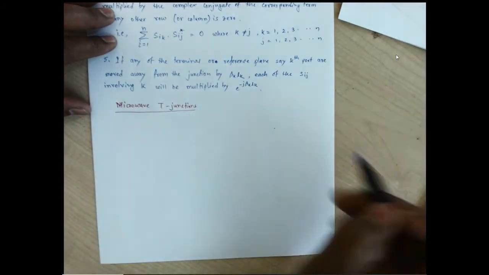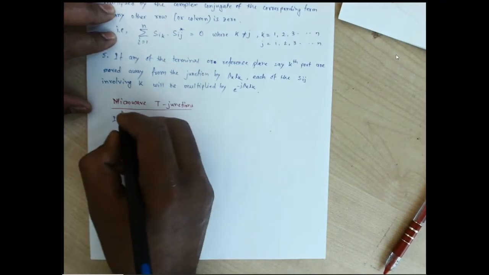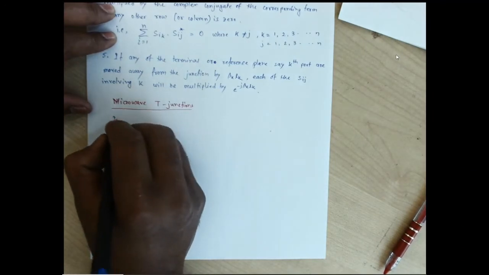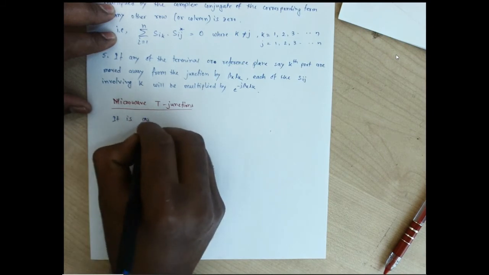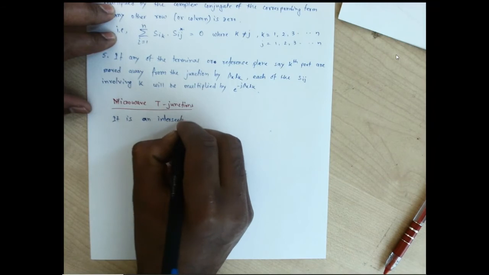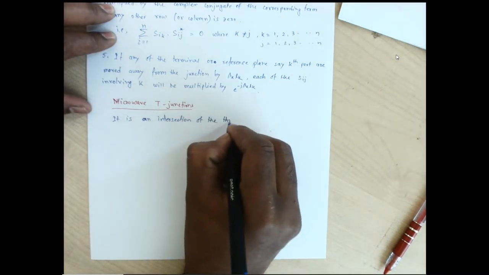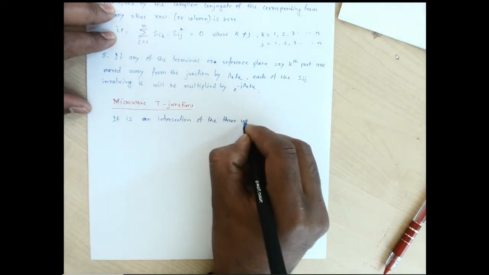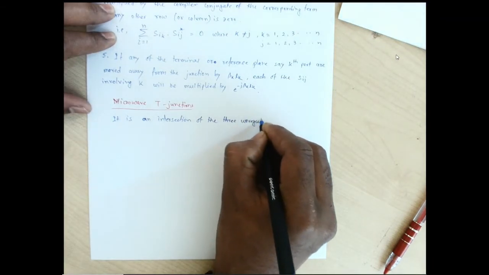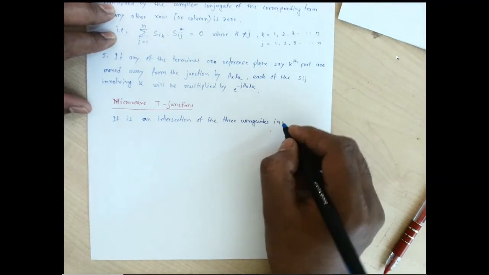So what is this T junction? It is an intersection of the three waveguides in the form of English alphabet T.